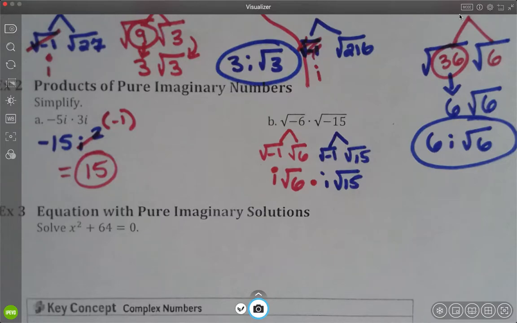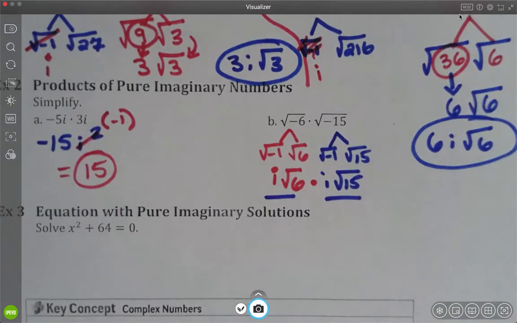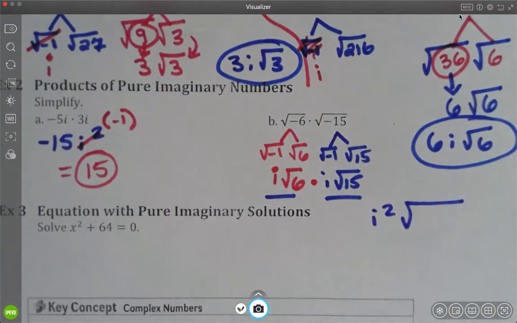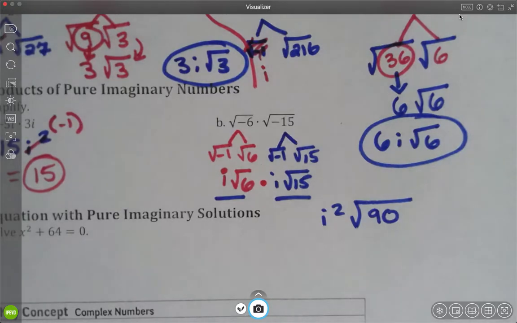Alright, now I have this piece times this piece. It's i squared times the square root of, what's 6 times 15? That is 90. So i squared times the square root of 90.